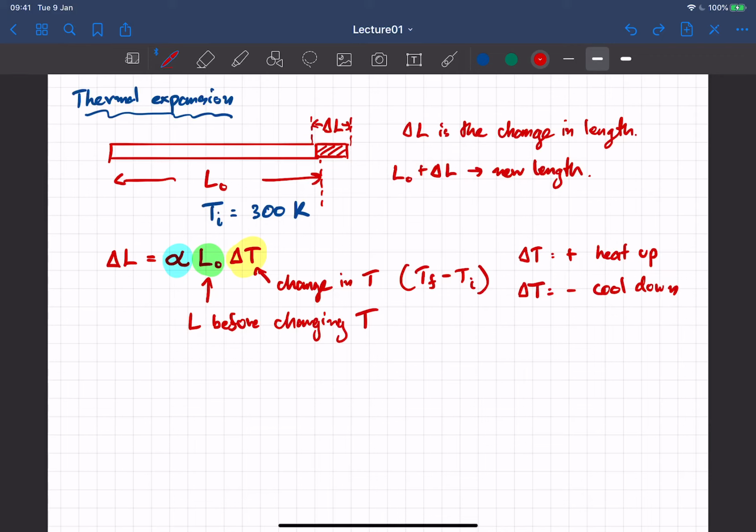Okay, what about alpha here? The full name is a little bit long. It's called the linear thermal expansion coefficient.